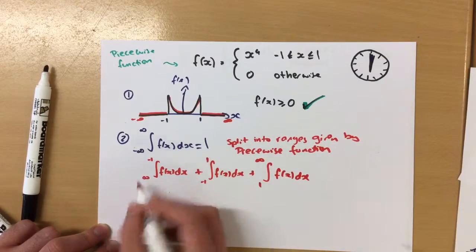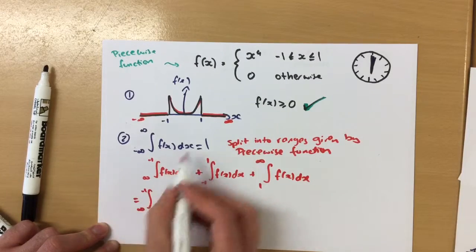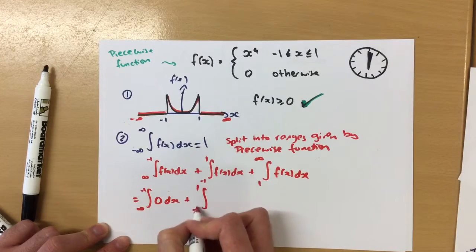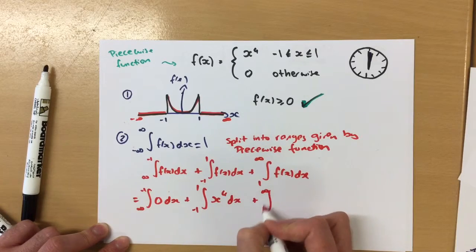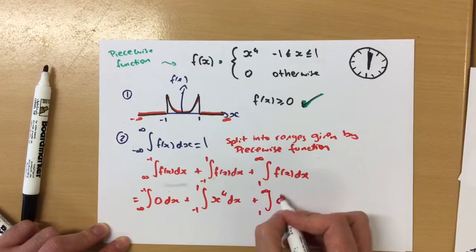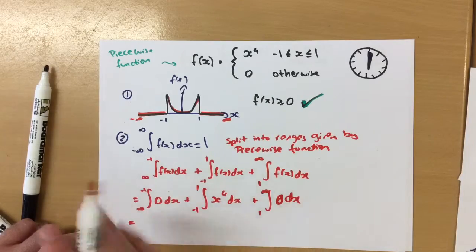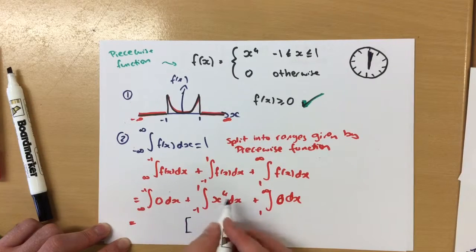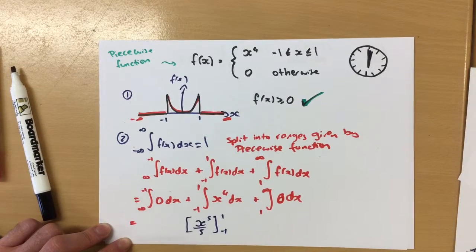What's really nice is that from our piecewise function, the outer sections are going to be 0, and the middle uses x to the power of 4. If we integrate the zero parts, they're 0 anyway. We're left with: increase the power by 1, divide by the new power, between -1 and 1.